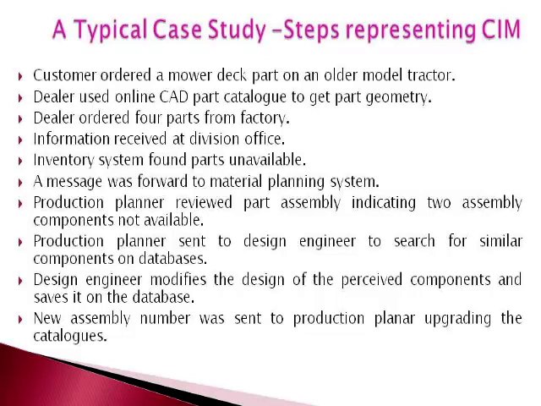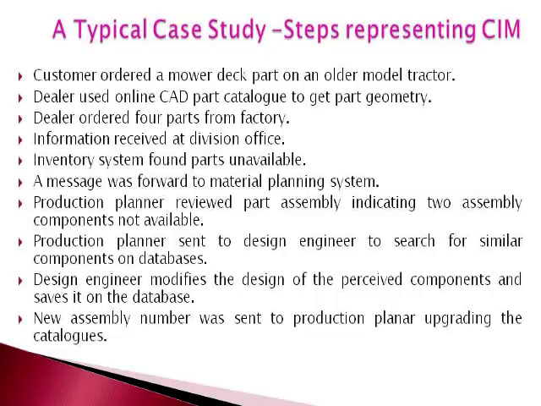The information is received at the divisional office. The divisional office receives this information from the dealer to the factory and passes it on. Next, it is processed further, and the inventory system found the parts unavailable. The factory inventory system searched for the availability of the parts, and it was found that the parts are not available.